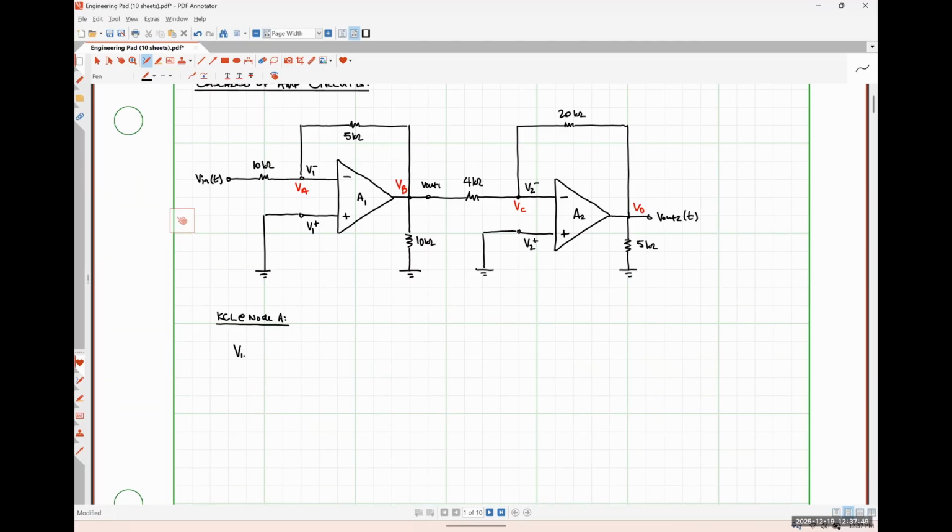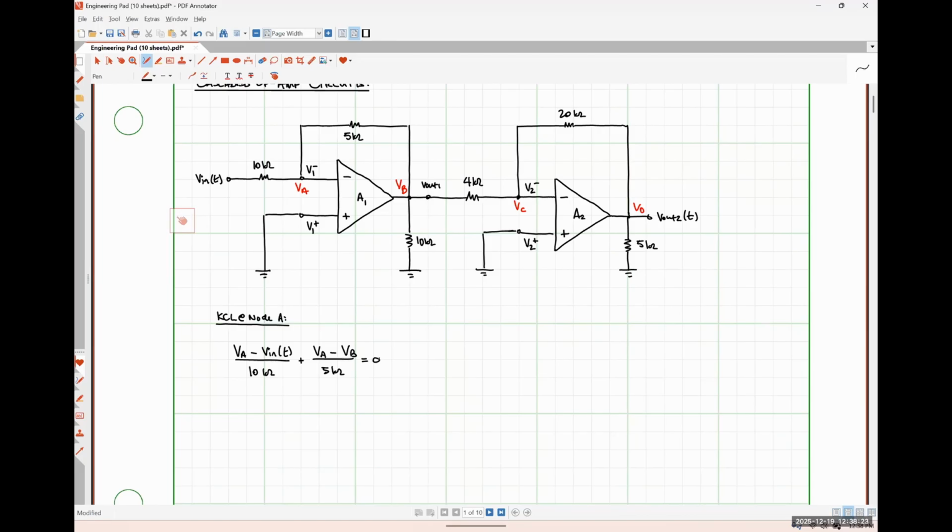So that would be VA minus VN as a function of time divided by the 10 kilo ohm resistor, plus VA minus VB divided by the 5 kilo ohm resistor, is equal to 0. So before we move on from this, are we all okay with this nodal expression?